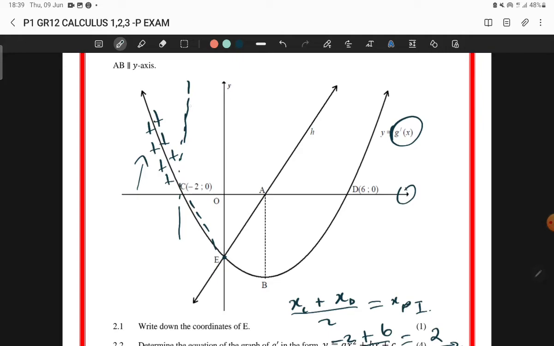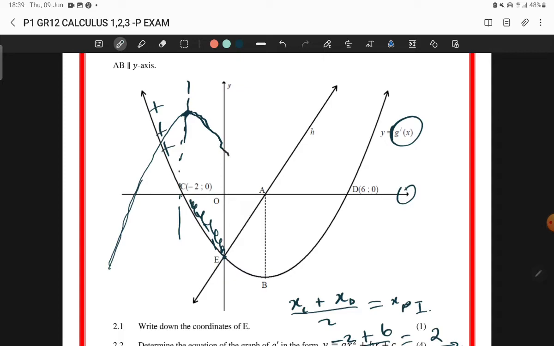Which means before -2, your graph was increasing because it has a positive gradient, up until it reaches x is equal to -2. After that, the gradient is negative, so our graph is going to go down.